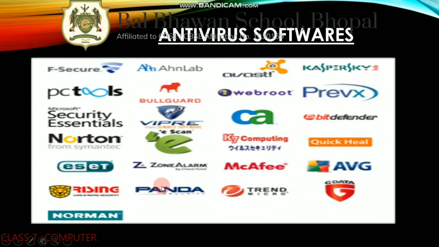So many antivirus softwares are available which can help anyone in removing viruses from the computer system. As soon as you switch on your system, the antivirus software automatically starts running to save your system from the virus attack.